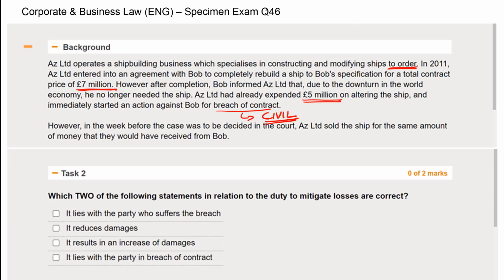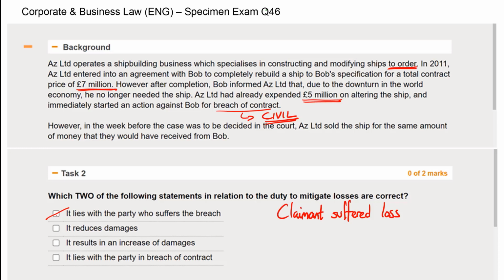Task 2 asks which two of the following statements in relation to the duty to mitigate losses are correct. Well, the person who has suffered the loss is the claimant. And in terms of mitigating that loss, reducing that loss, therefore it is the claimant, the party who suffers the breach, that would look to mitigate their losses.